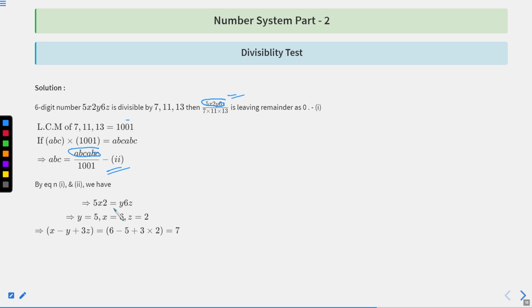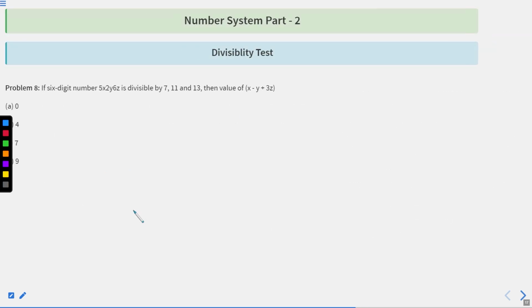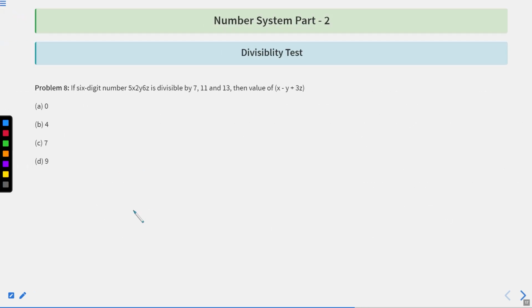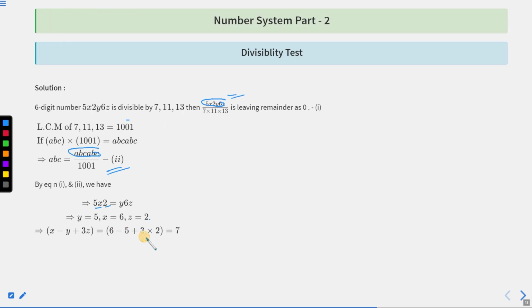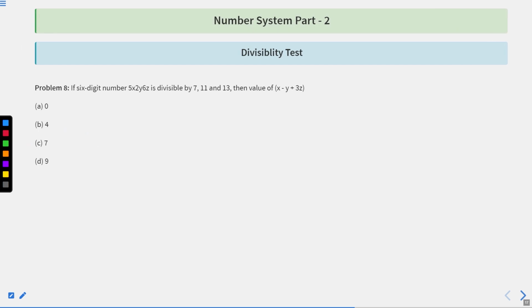So 5x2 is equal to y6z. Comparing again, y will be 5, x will be 6, and z equal to 2. Now just put the values of x, y, and z into x minus y plus 3z. You will get 6 minus 5 plus 3 times 2, that is 7. So the final answer should be 7.